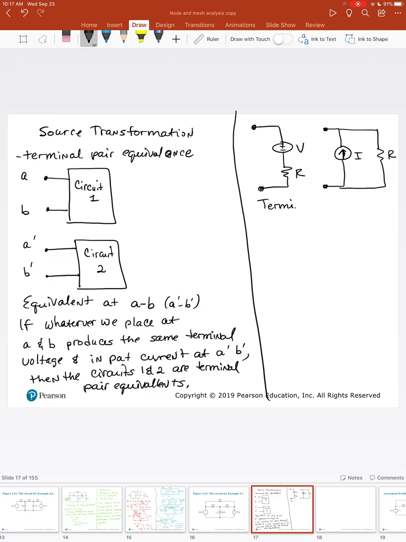In this case, we have terminal pair equivalents, and I'll call this R prime, and I'll call this I prime.